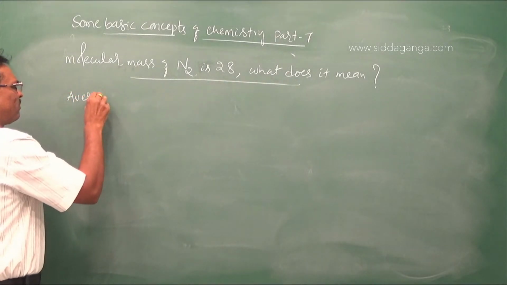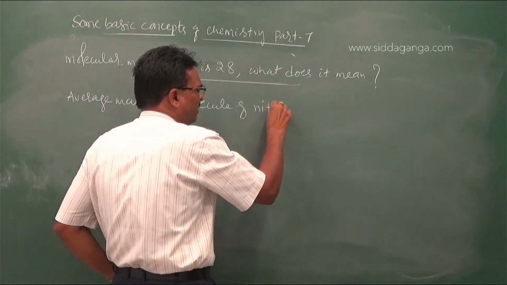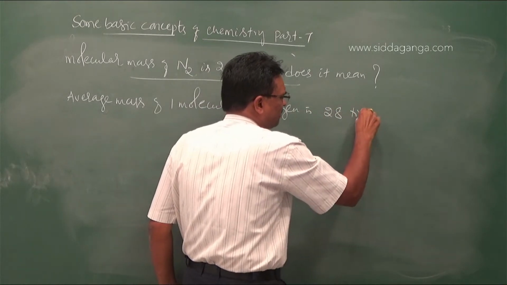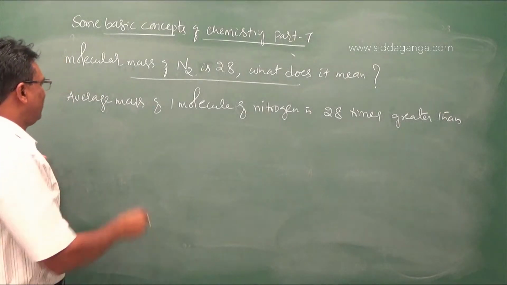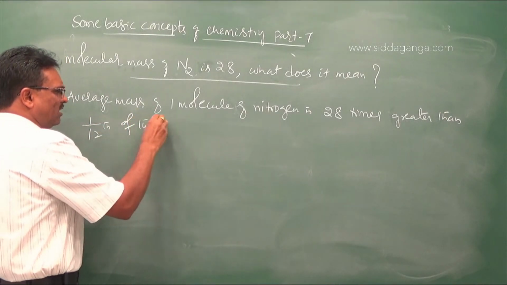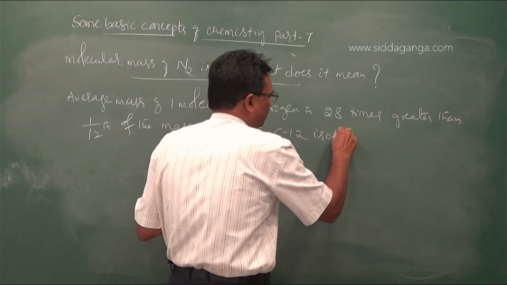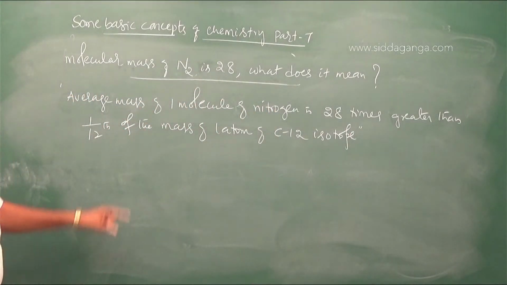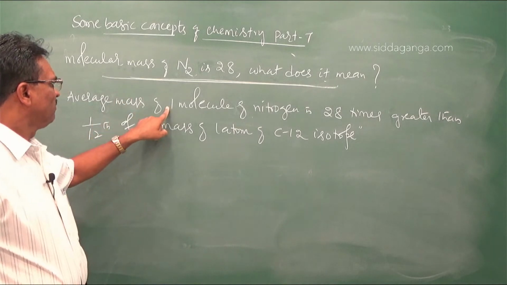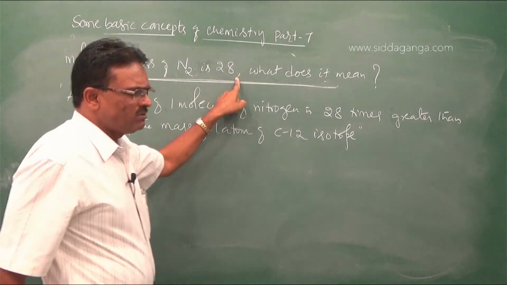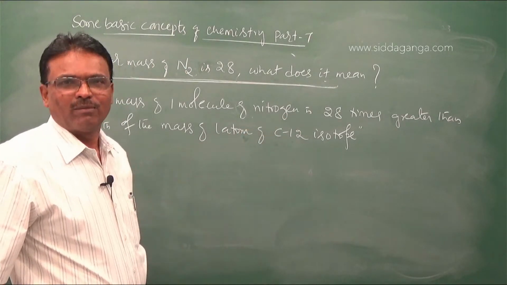So when asked what it means, this is the answer. The average mass of one molecule of nitrogen is 28 times greater than 1/12 of the mass of one atom of carbon 12 isotope.